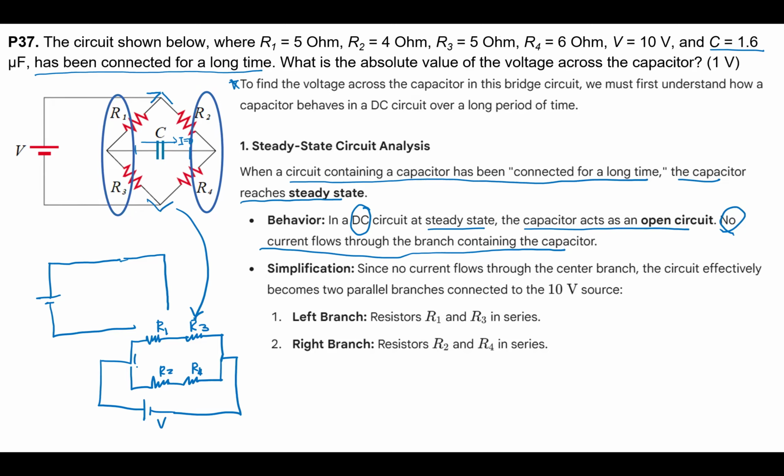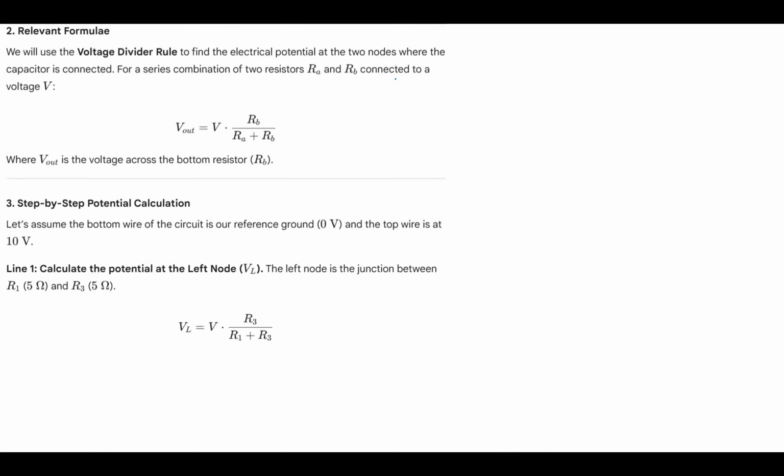So the left branch is R1 and R3 in series, and the right branch is R2 and R4 in series. And then what we are going to do is use the voltage divider rule.